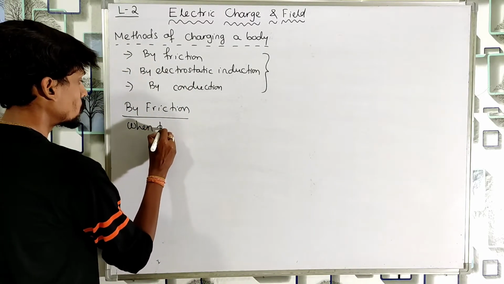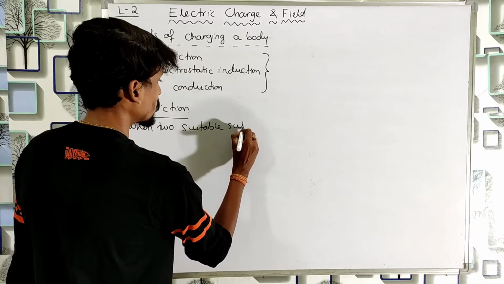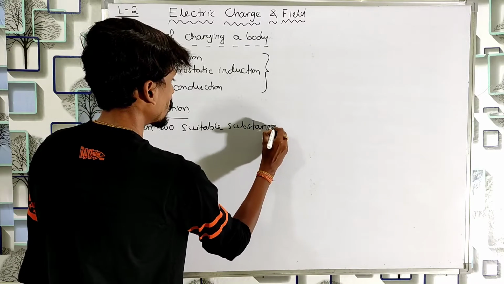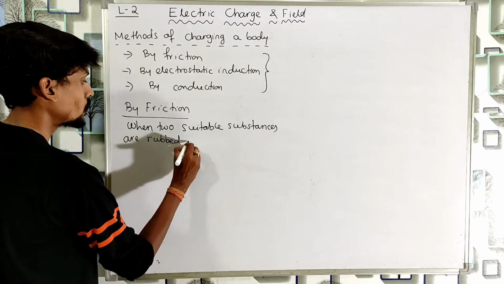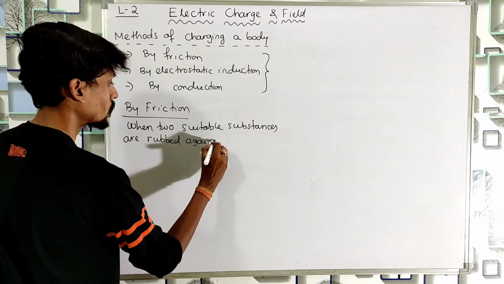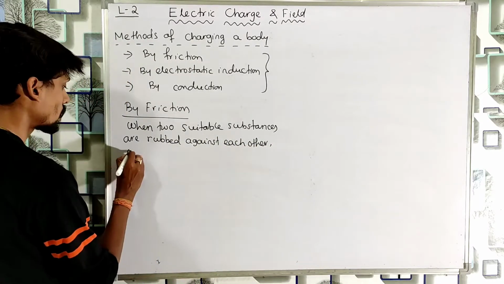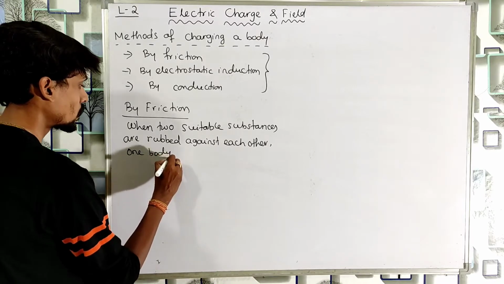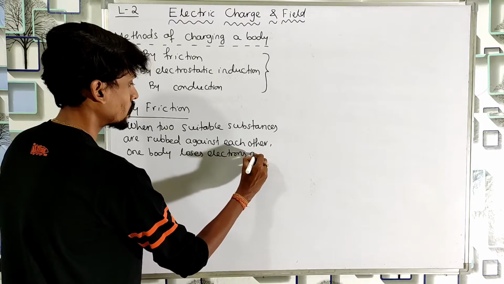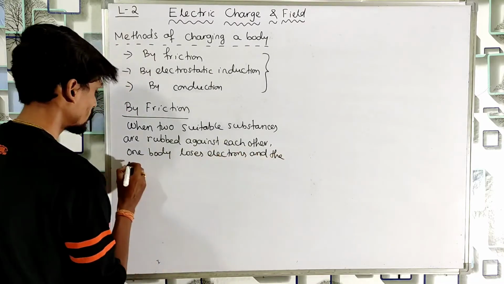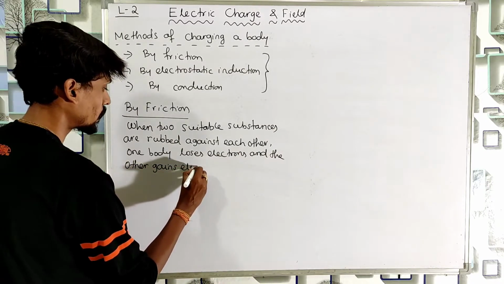When 2 suitable substances are rubbed against each other, one body loses electrons and the other gains electrons.